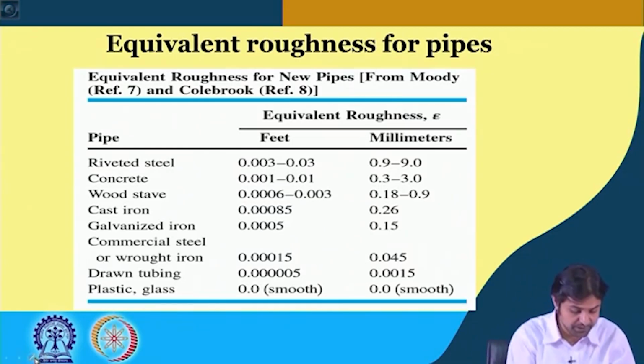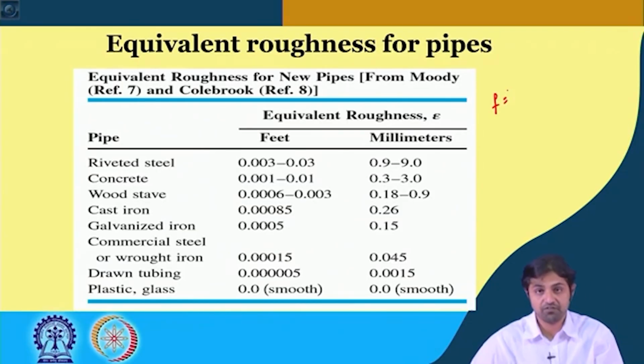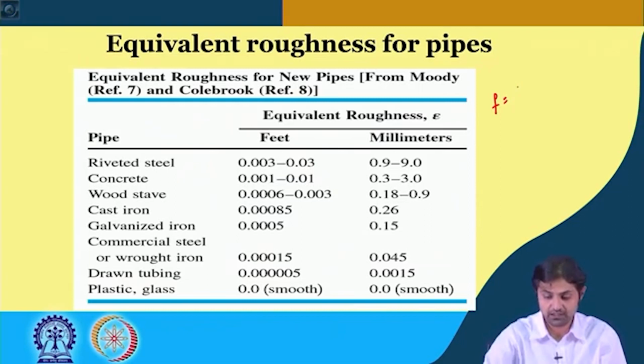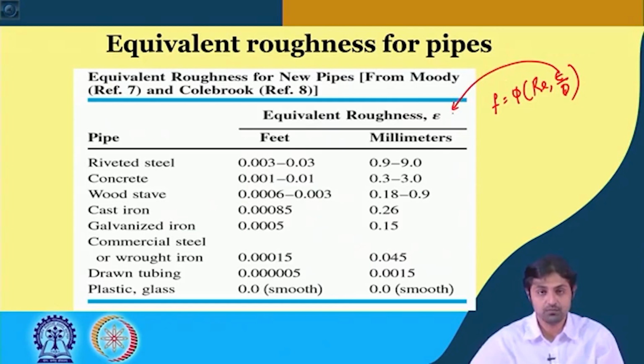So until this point in time, what are the things that we know? We need to find out f. f is the Darcy-Weisbach friction factor, Darcy's friction factor, and f is a function of Reynolds number and epsilon by d. Reynolds number we can calculate if the flow is given, d is the pipe diameter. Epsilon we saw that we can find through these tables.